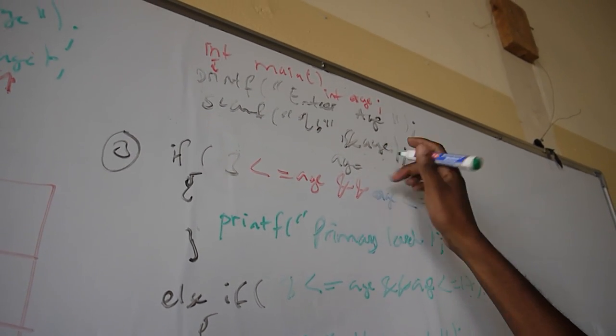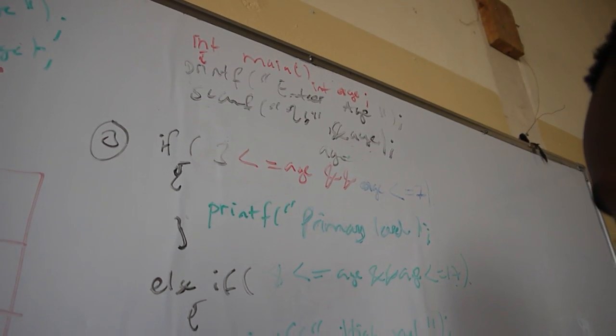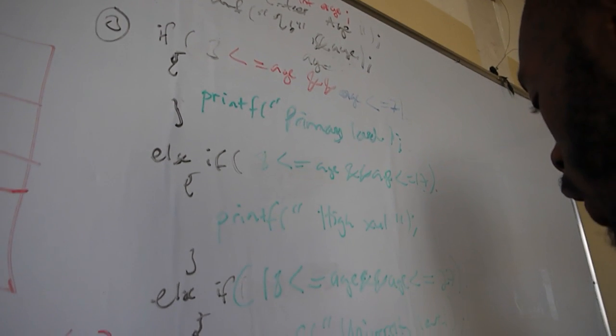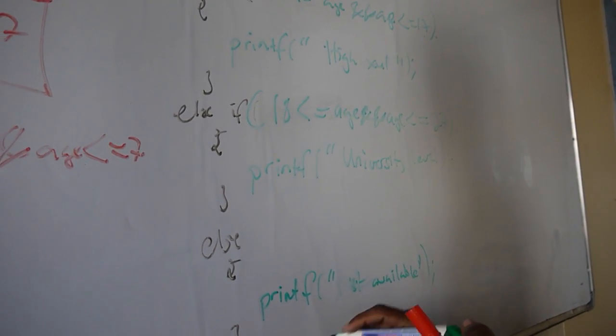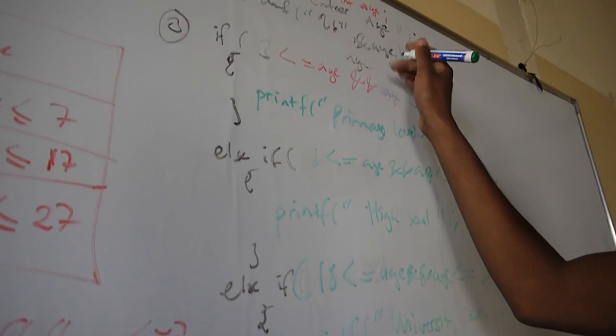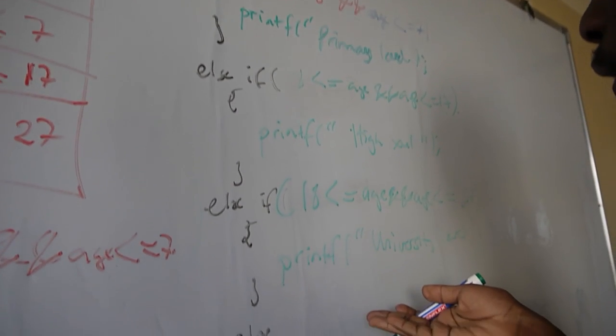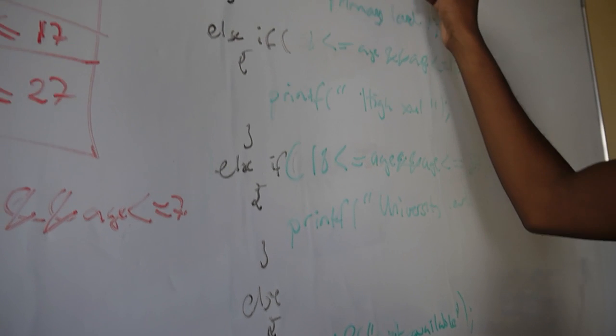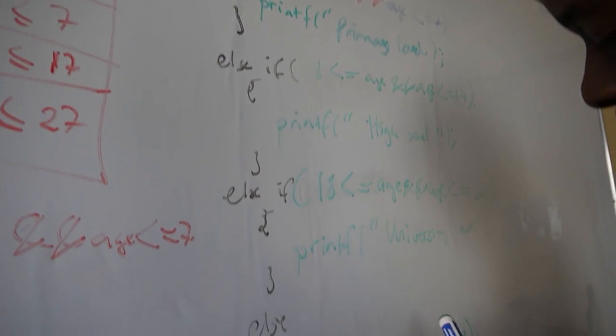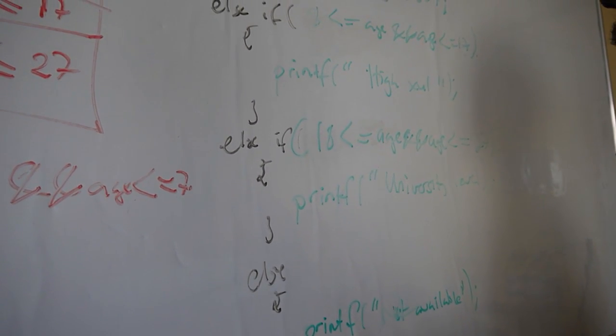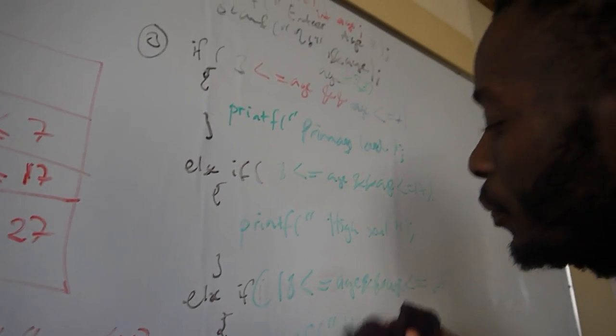But if someone enters, for example, 2 years, it's not available on these conditions, so not available. 30 is not available.